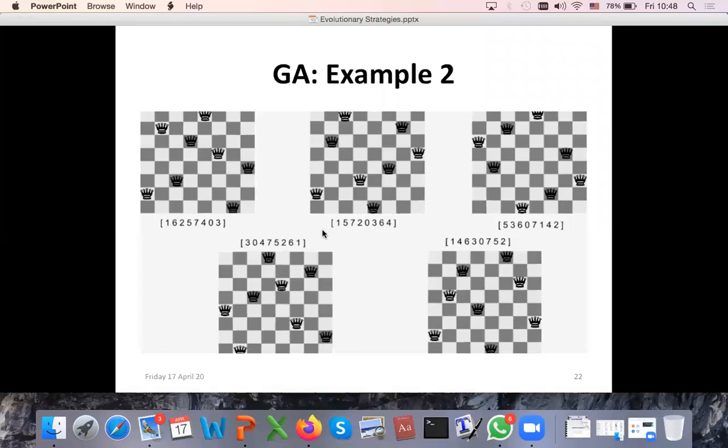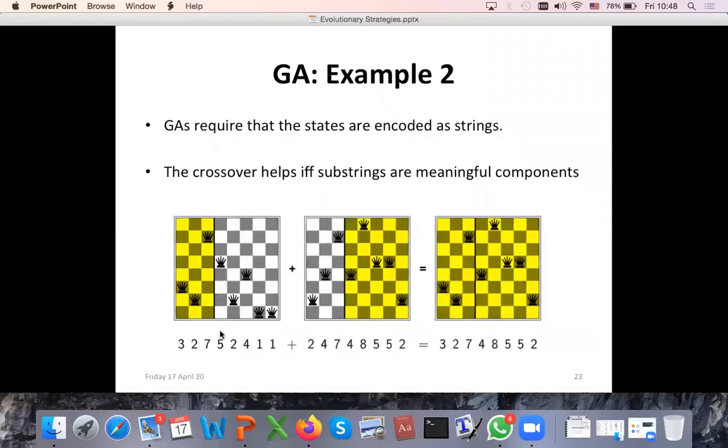For example, if we have these two members, each is a string, and now you can understand what this string means. This is another member, and you have a string for this state also. We are now understanding the concept of crossover for these eight queens, where we get a new state accordingly. For this member, the crossover point is after the third column.